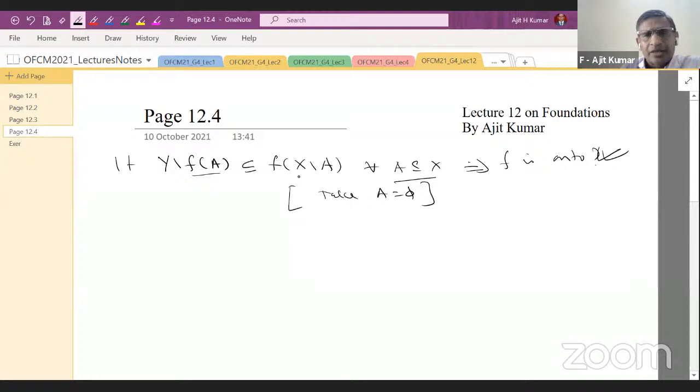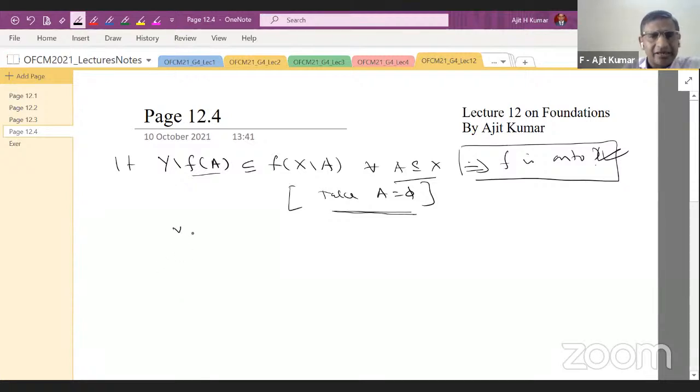So in case for every subset A of X, if this is true, then f is onto. The proof follows by taking A to be the empty set. So let us try to prove this without assuming anything on A, without assuming anything on f, and then see what happens.